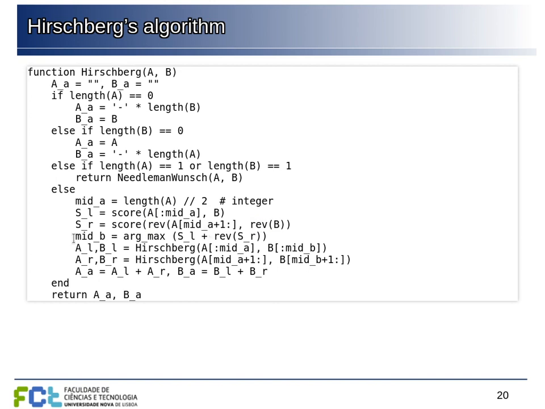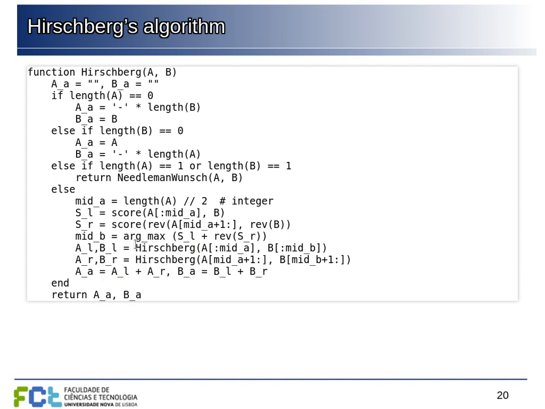But the idea is that by this point, we found the correct position for breaking sequence B, so that what is to the left in sequence A and B have one alignment that we can just concatenate with the part that is on the right of sequence A and B, and this gives us the optimal alignment.